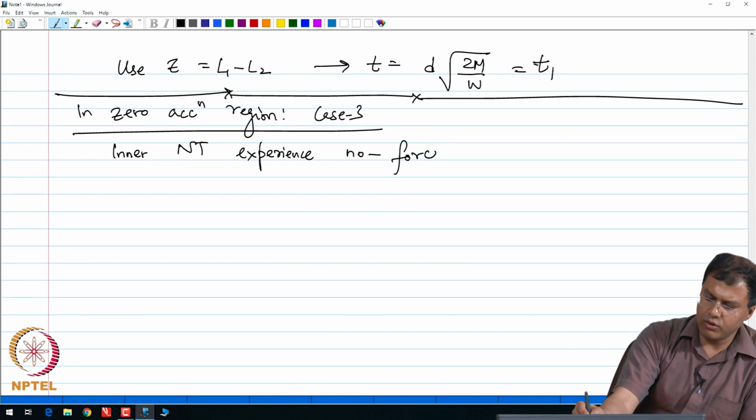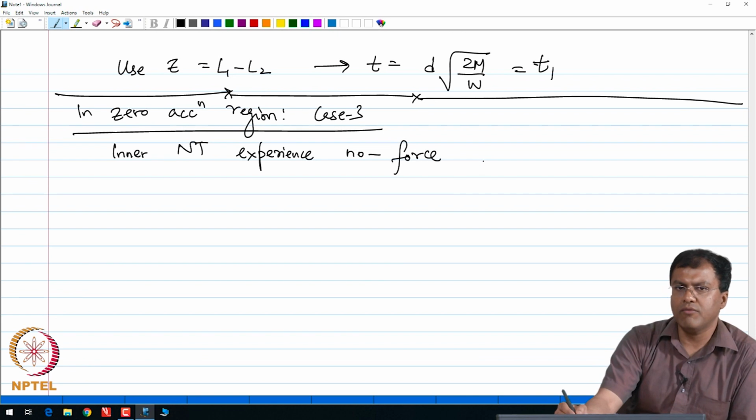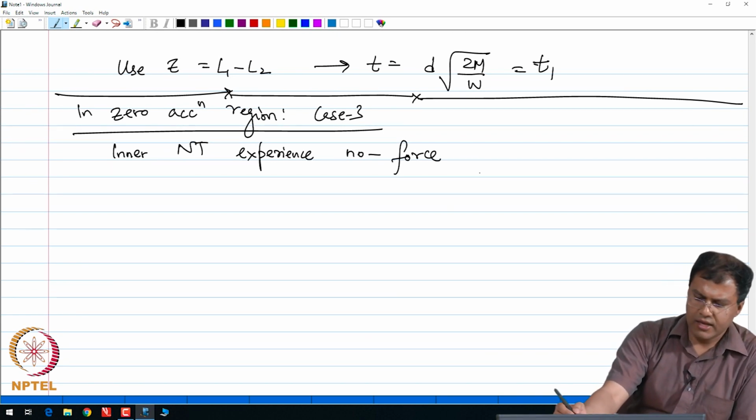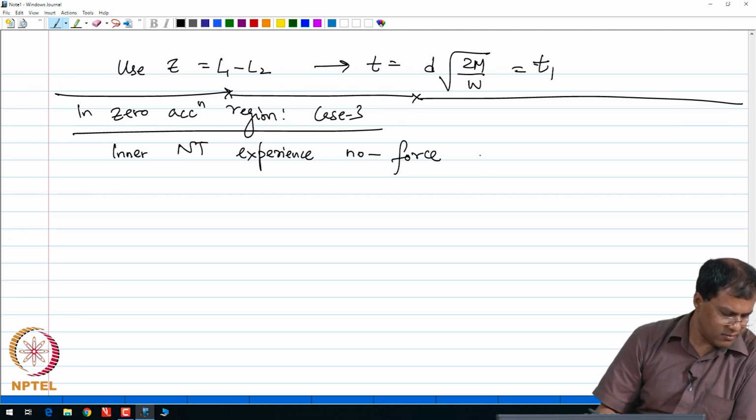Then it is going to travel with a constant velocity, which is given by plugging the value of T1 into our previous results.